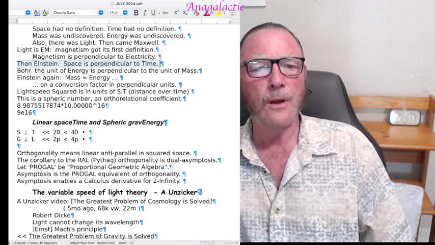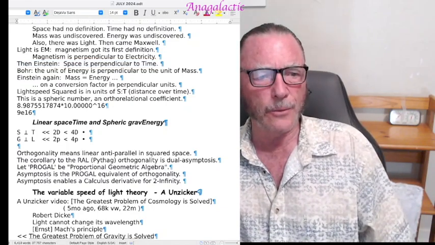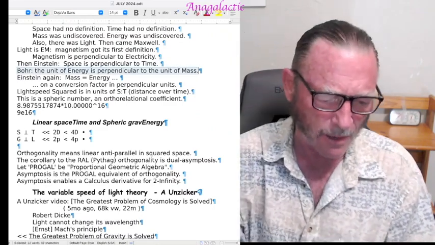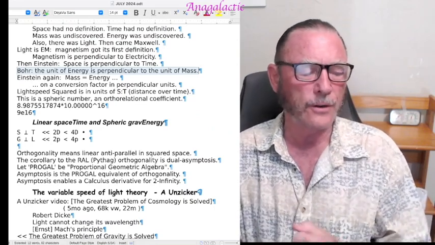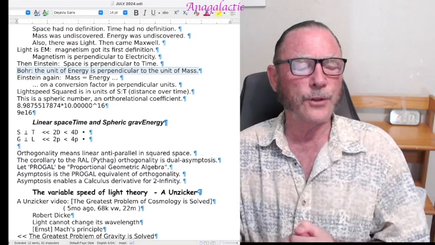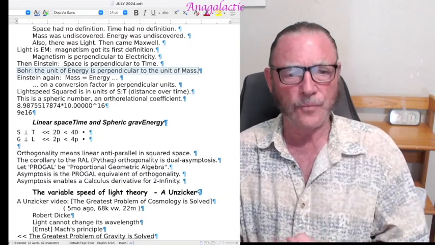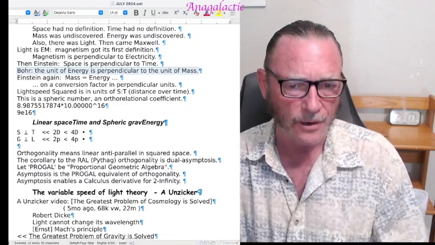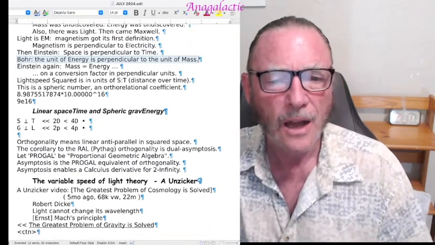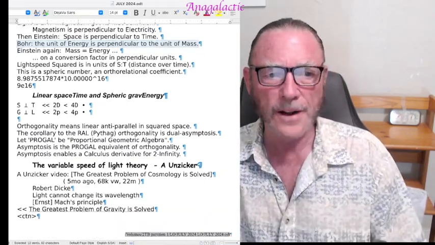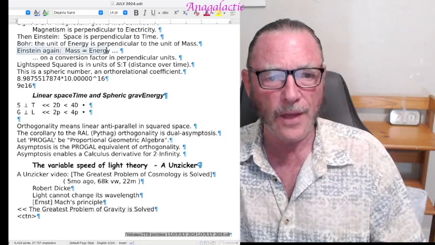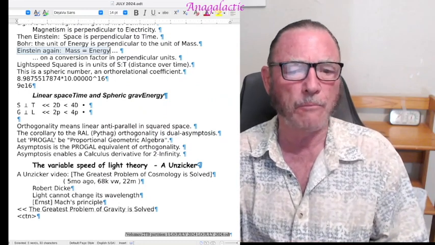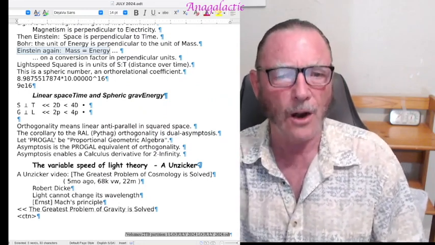So we have two brand new perpendicular relationships. Bohr, capitalizing on the research of Rutherford, Thomson, and others, was able to discern the geometry of the atom such that the unit of energy, called the electron, is perpendicular to the unit of mass. I discovered that. Bohr never said that, but he proved it without knowing that he proved it, because geometry by the time of Bohr was a lost art.